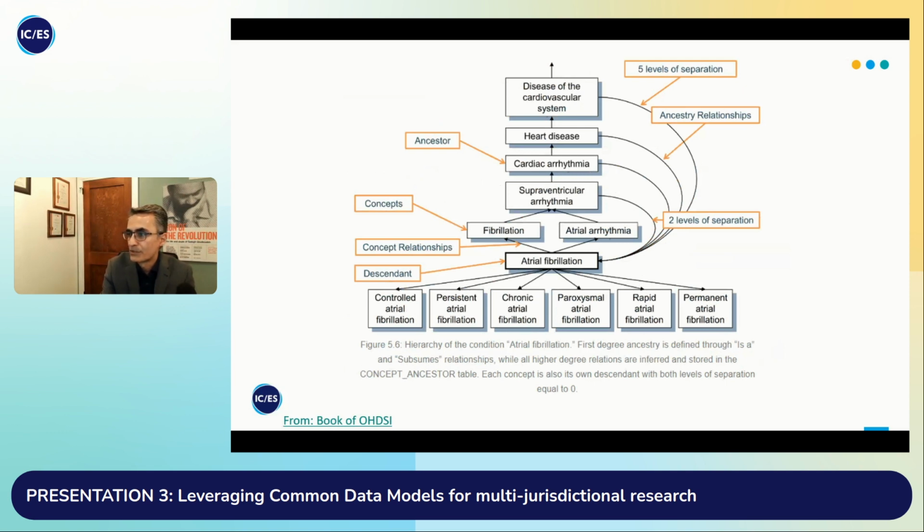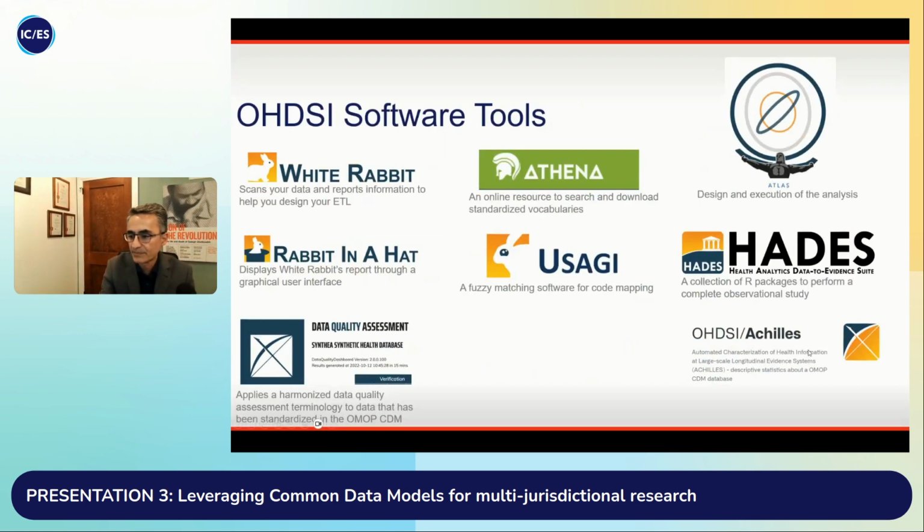From top to down, it gets more granular, from the disease of the cardiovascular system, it goes to heart disease, cardiovascular arrhythmia, and as you go further and further down, it makes the data more granular in a hierarchy structure, which leverages SNOMED CT. Next slide, please.